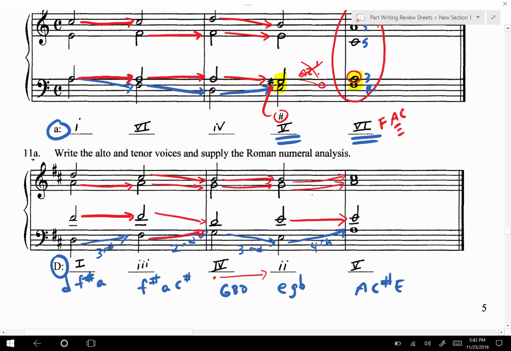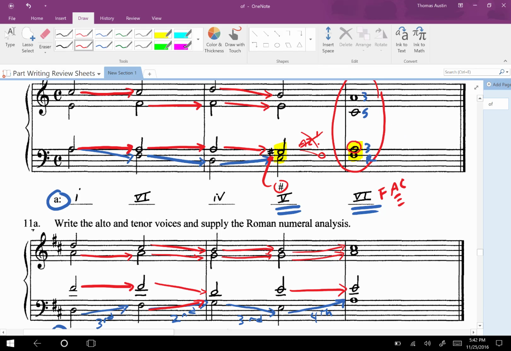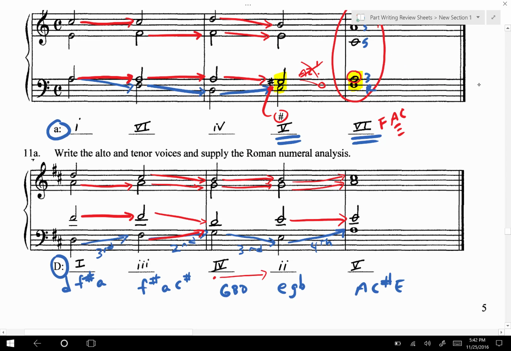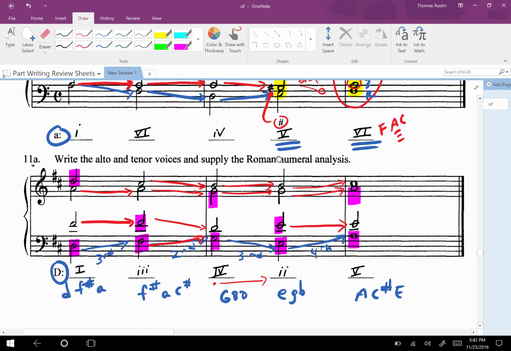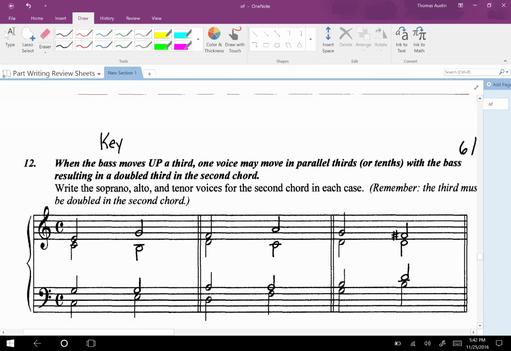Go back, double check that you have doubled the root in all of these chords, and that your third is present and your fifth is present. And there you have it.